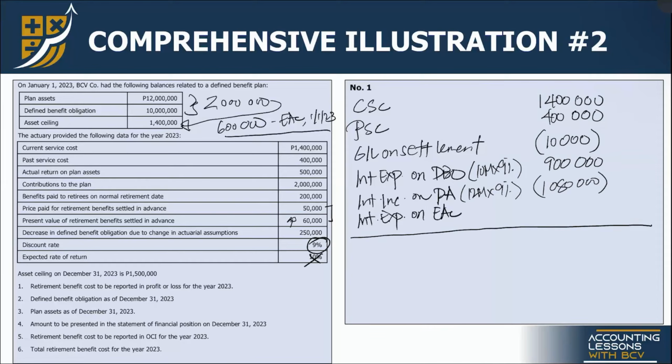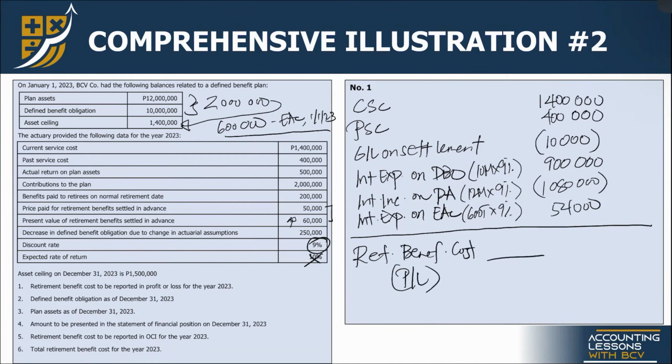Lastly, ayan na, effect on asset ceiling. So dahil may beginning balance si effect on asset ceiling, 600,000 times 9%. That is 54,000. So magkano ang retirement benefit cost na ire-report sa profit or loss?